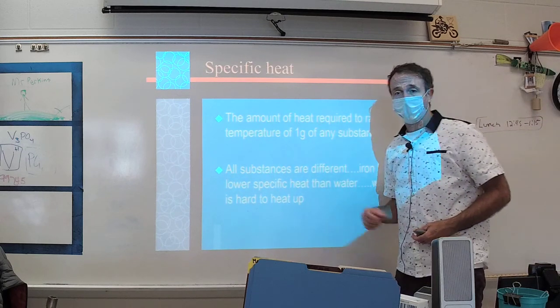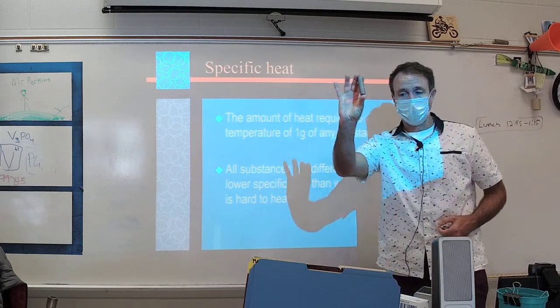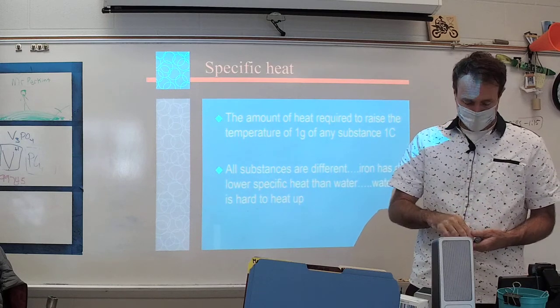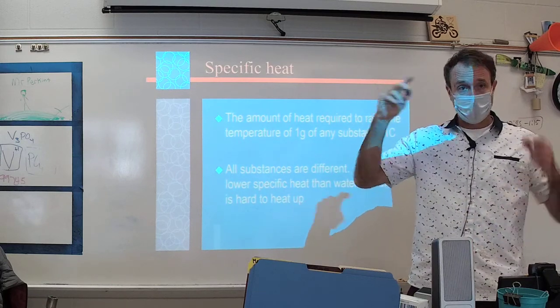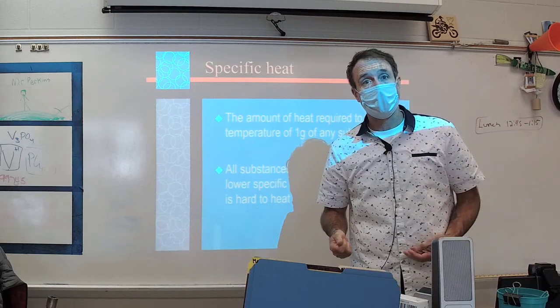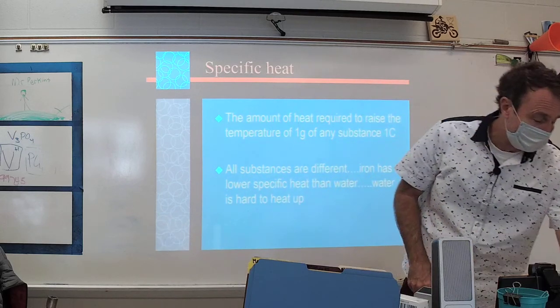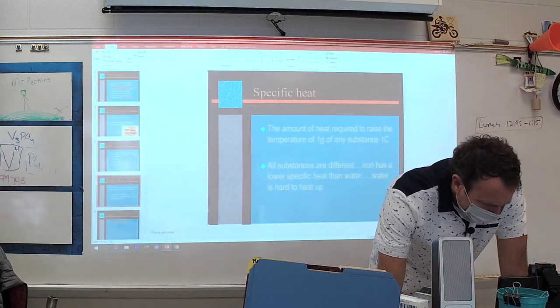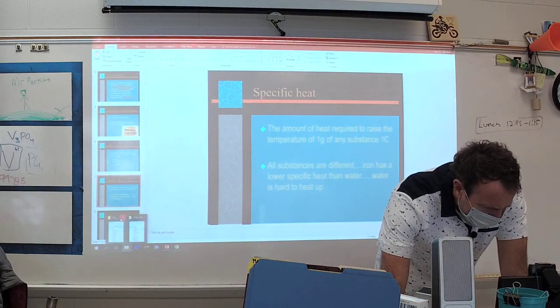It takes more energy to heat up the aluminum than it does to heat up the lead. Now, how would I know that? Well, I could look on the front of page 1. Everybody flip to page 1 in your chemistry table. I'll put it on the screen for the people at home.